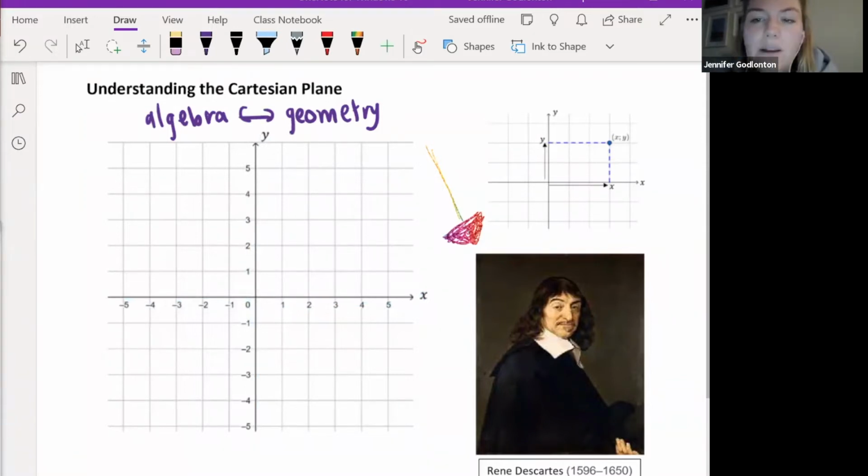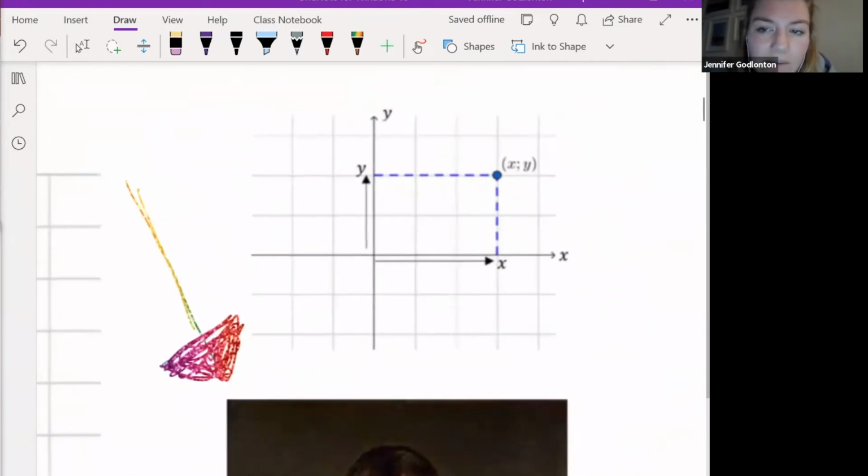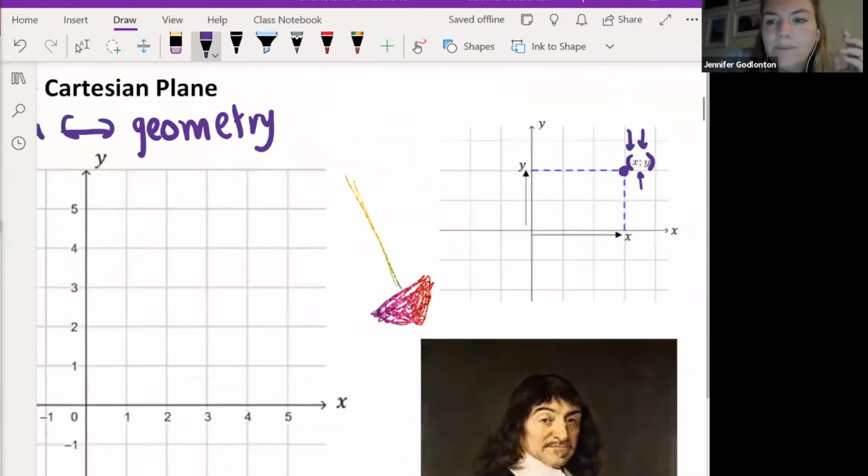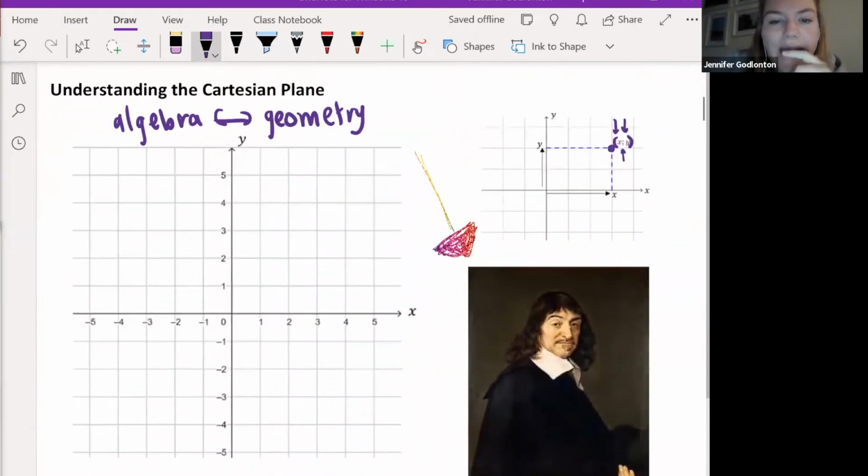So just to be clear, this coordinate over here, you always have your coordinates in brackets. Then you have your x coordinate first. Then you have your y coordinate, and you have a semicolon in between them. Okay? And so you're always going to write your x value, then your y value, and it's going to be in brackets.